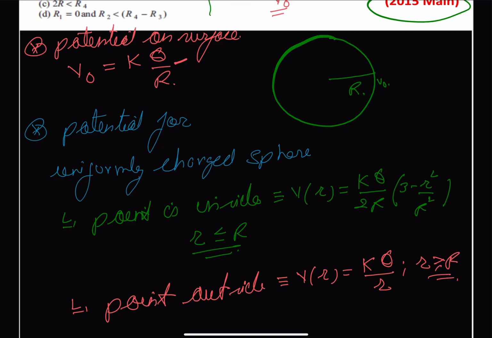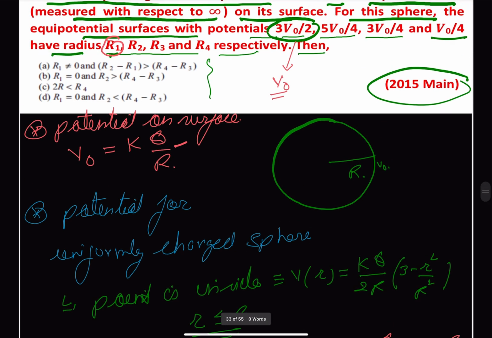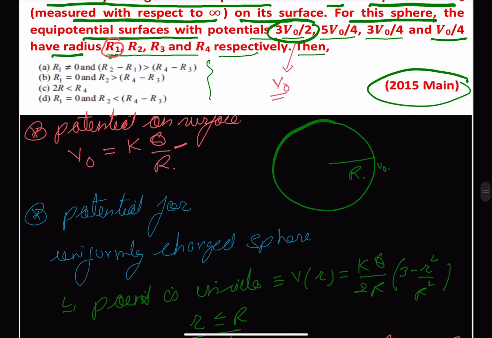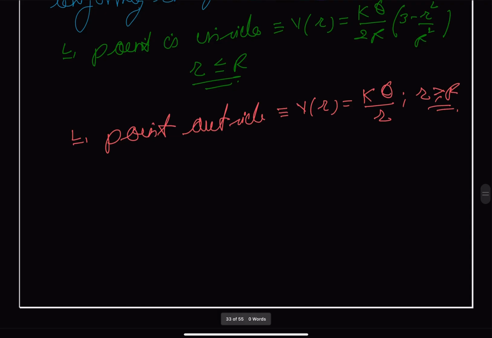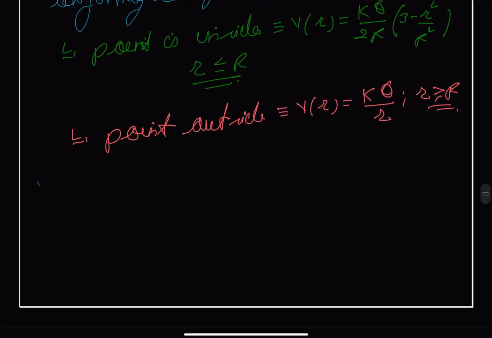Now let us go to the given things. First we are given the first value, 3 V naught by 2, and this potential is greater than V naught.